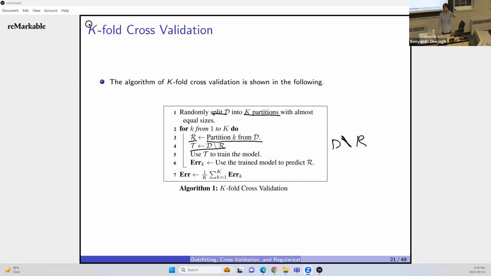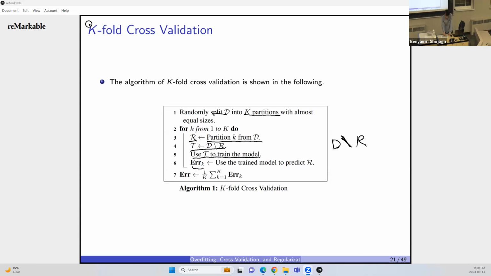This is subtraction, or minus, for sets, so it means the set D minus set R. Then use the training set to train the model. You should never use the test set for training your model. And then evaluate on the test set.